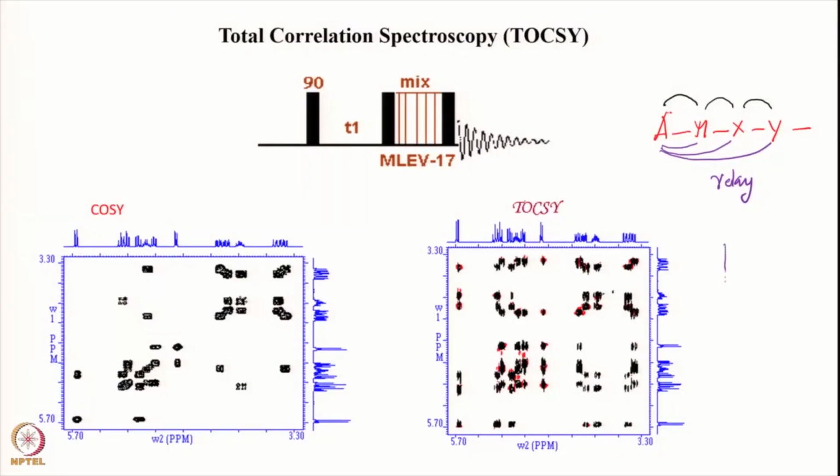What will be the particular advantage here? One particular situation I will illustrate to you. What will be the situation? Suppose I consider a spin system which is like this.